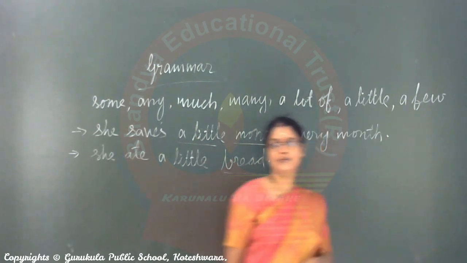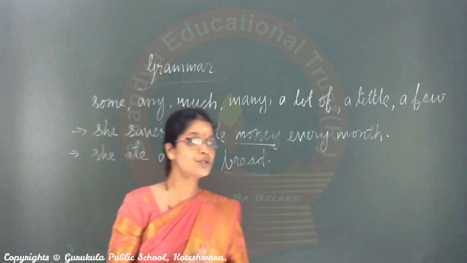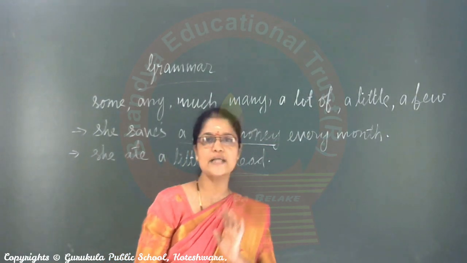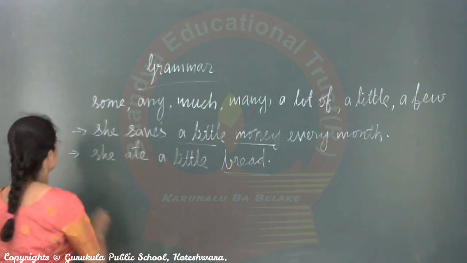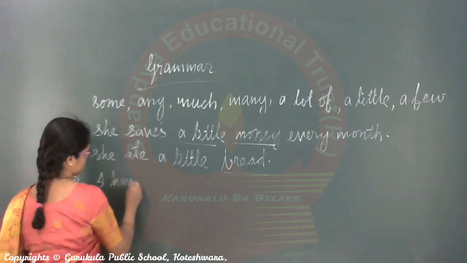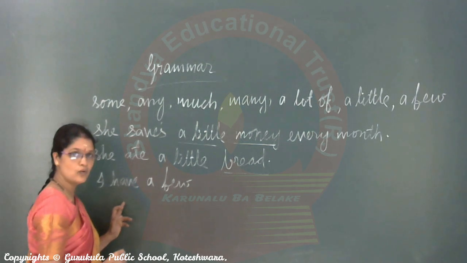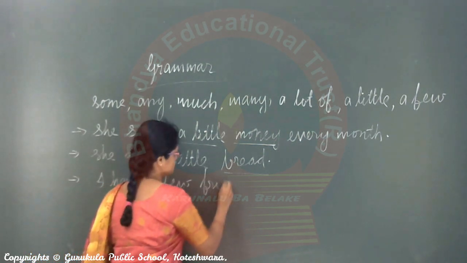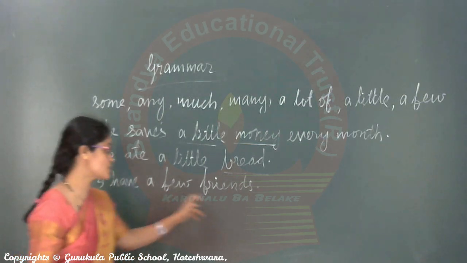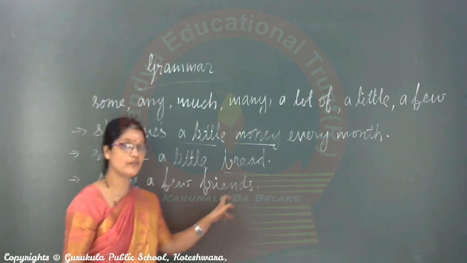Next, a few. Where should we use a few? With a countable noun, and it should be plural. What's the example? I have a few friends. See, a few I have used with a countable noun and it is plural. Friends.